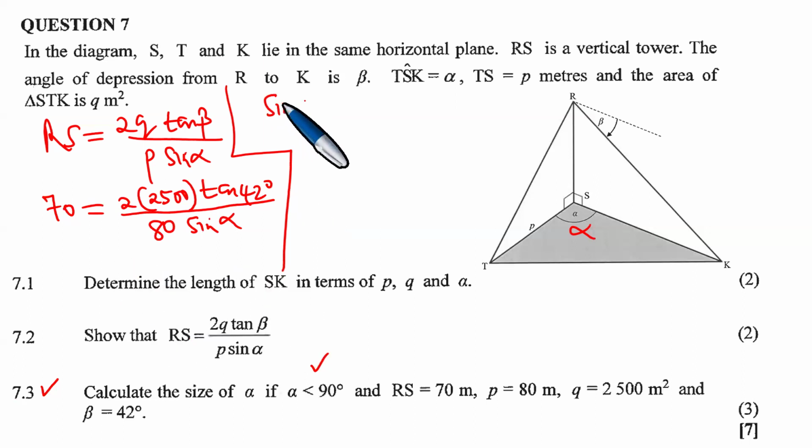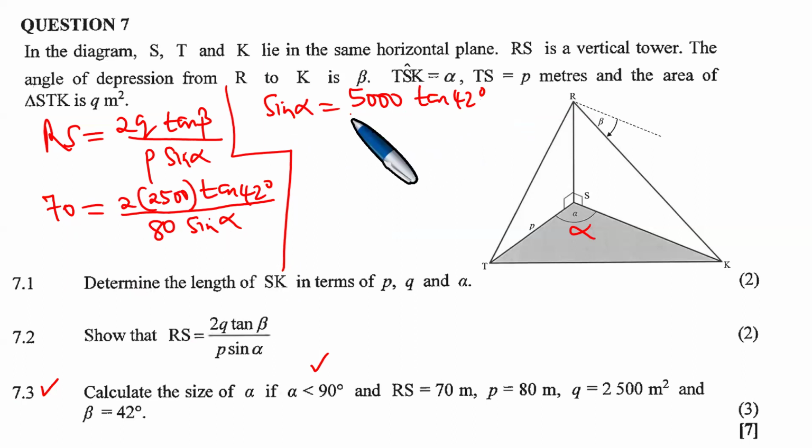What is sine alpha? So what is 2 times 2,500? It's actually 5,000 times the tangent of 42 degrees. So you make sine alpha the subject.